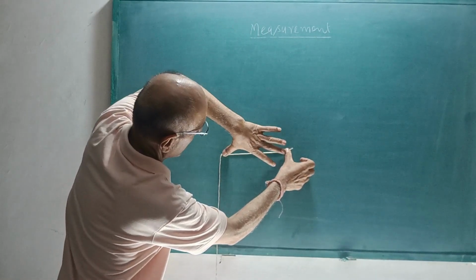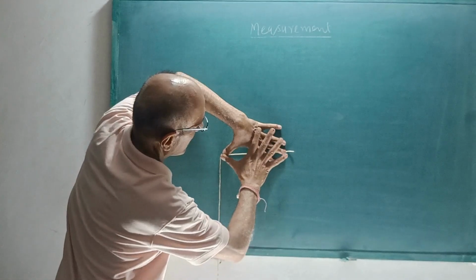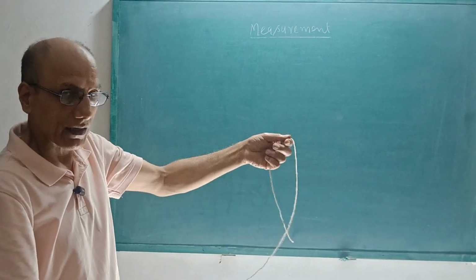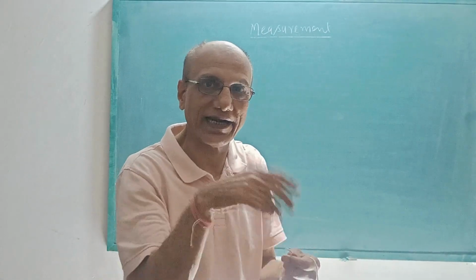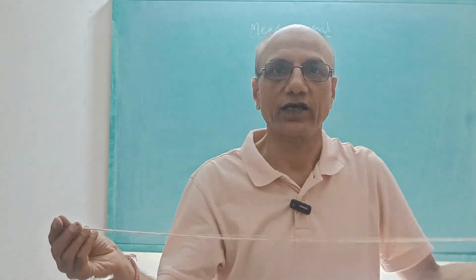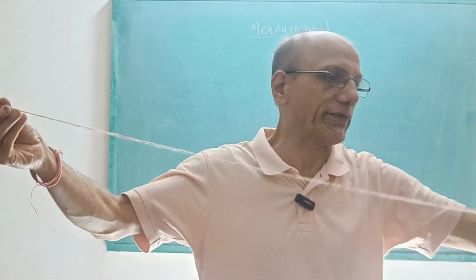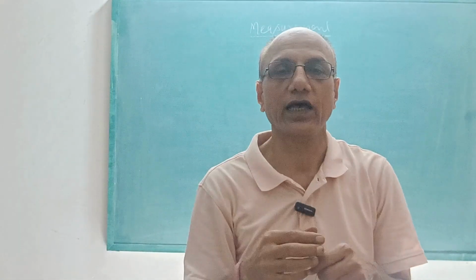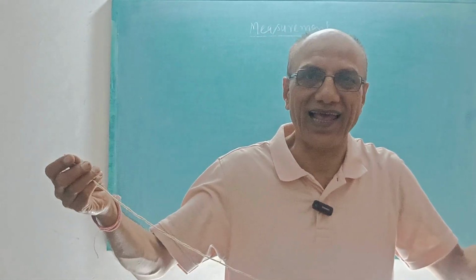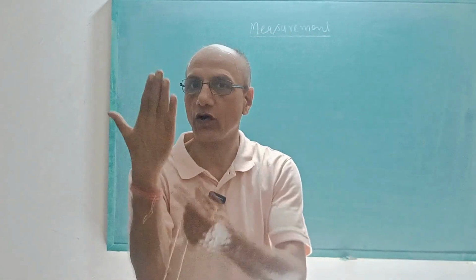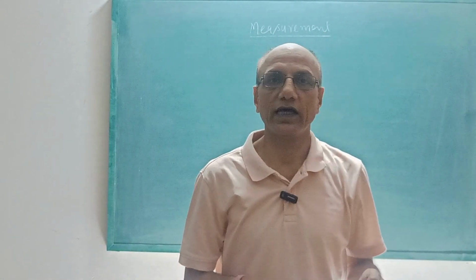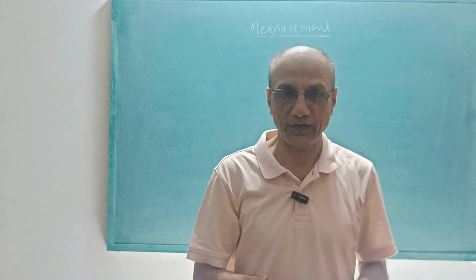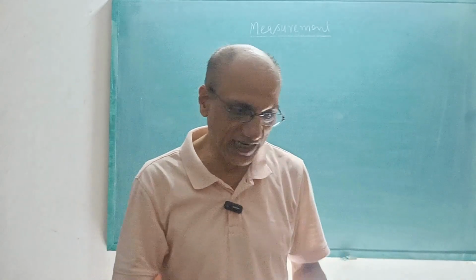So take the span of your hand. This is one palm. But if you measure with your hand, then it's different. If I measure this string with my hand, and somebody else's hand is bigger than mine, then the measurement will be less. So there will be a problem. That's why we need a standard.